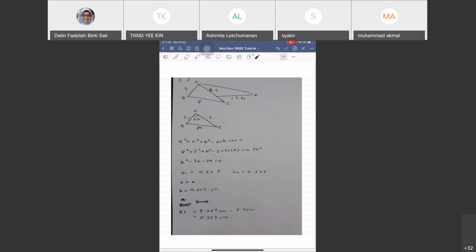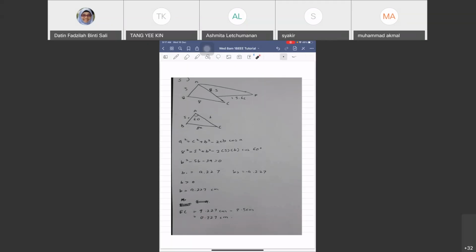Okay, so this is one method. This one looks okay, because then you just find the whole stretch.